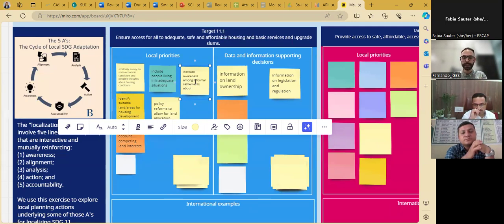And then about data, what data do you think would help you to take decisions to address these local priorities?